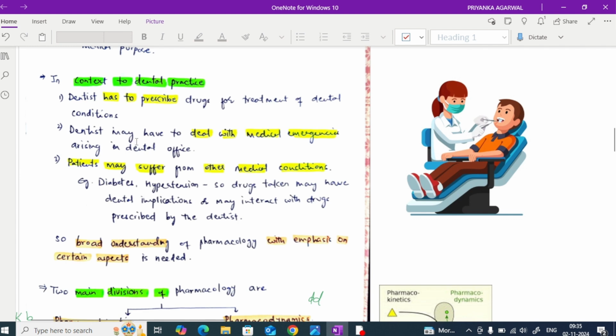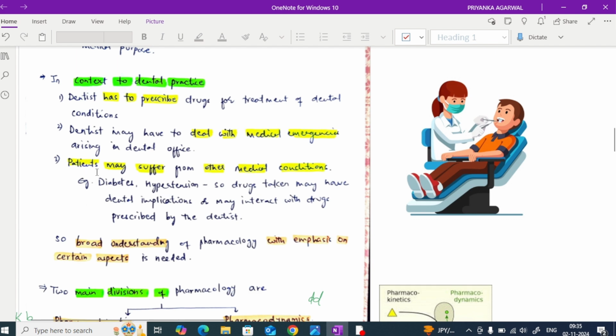To get the answer, we have to imagine ourselves in a clinical setup. First, we need an understanding of drugs to prescribe them for the treatment of dental conditions. Next, whenever we are working on a patient, there can be medical emergencies like hypoglycemia or angina during the procedure, and to deal with such situations we need a good understanding of all the systems.